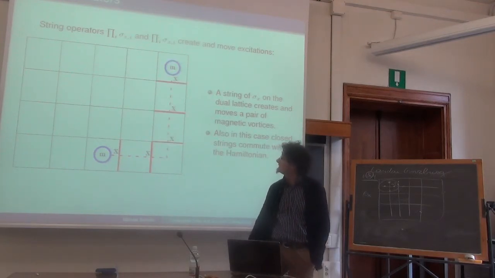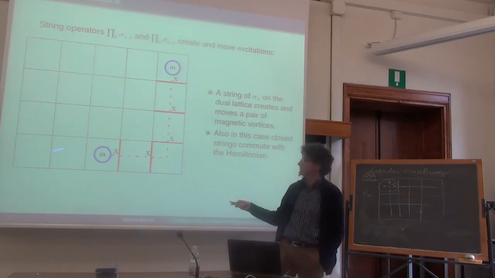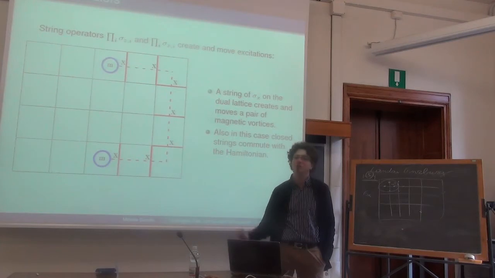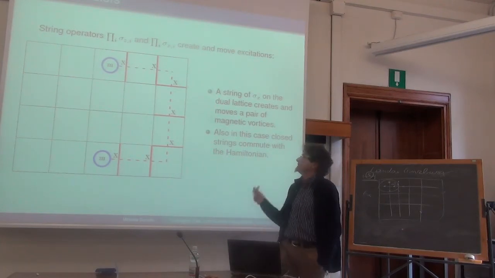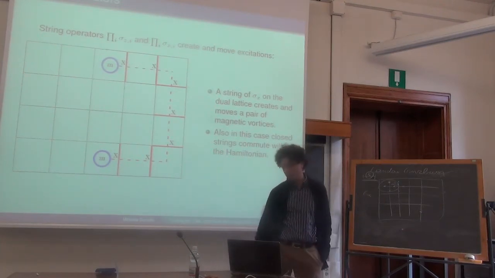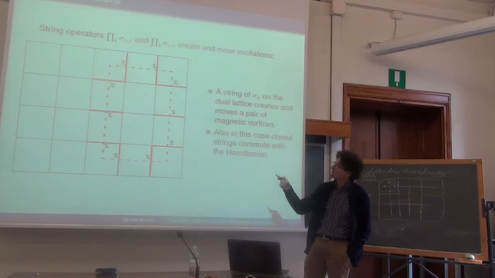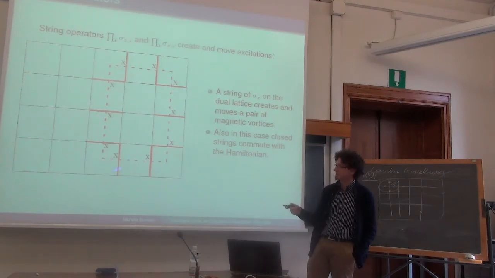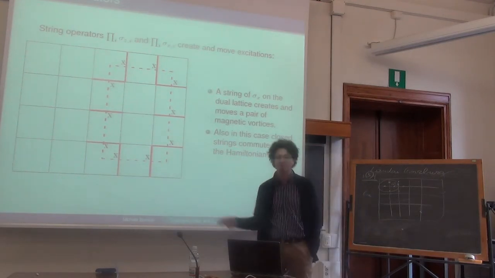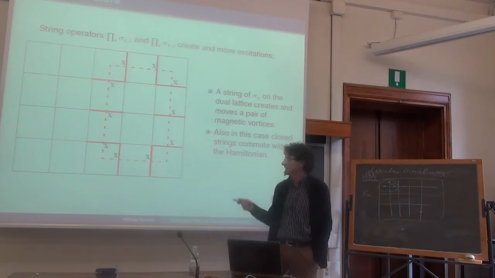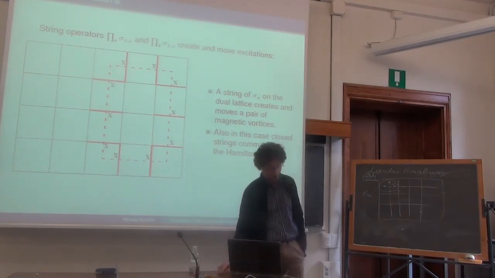These strings on the dual lattice, by moving the magnetic fluxes around, define a different kind of symmetry if I close this loop in such a way that no magnetic excitation is left, and this commutes with the Hamiltonian.